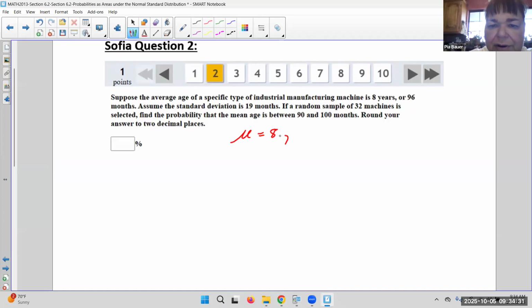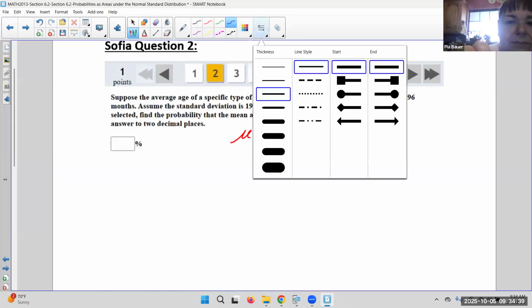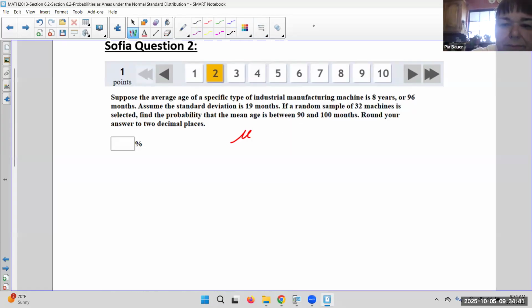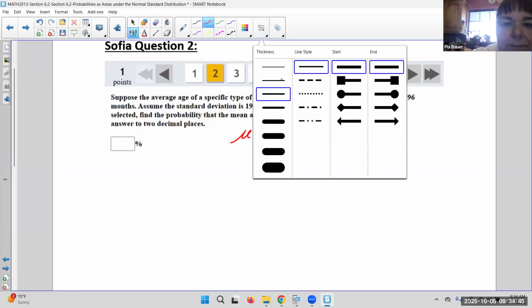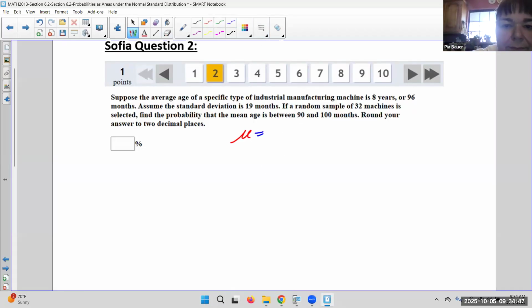And it looks like later on they're talking about months, so we're going to actually use 96 months. Then it says, assume the standard deviation is 19 months, so that will be sigma.